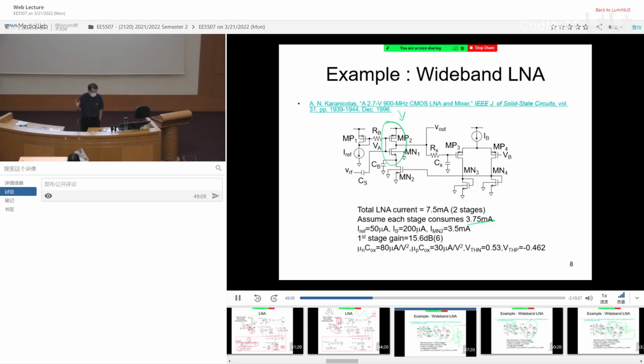So if you look at this, you know that this is biasing, so it probably doesn't need that much current. This is the one that's doing the hard job, so I need to give it most of the current. Now this one, I didn't talk about it, but it is actually trying to establish the biasing as well. So we can consider it as some existing circuit. Again, it helps, but it's not the main function, so we will assign some current.